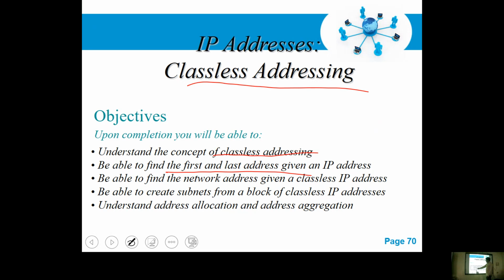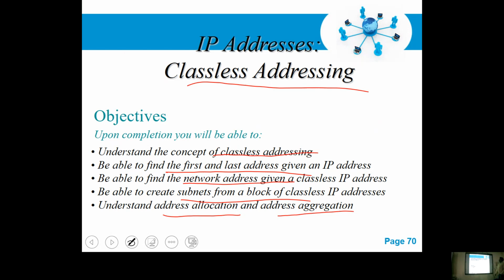Then we will look at how to find the network address. Network address means the starting address. Then again, we might be interested in creating subnets and supernets here. And we have special concepts like address allocation and address aggregation. These things we will be covering in classless addressing.